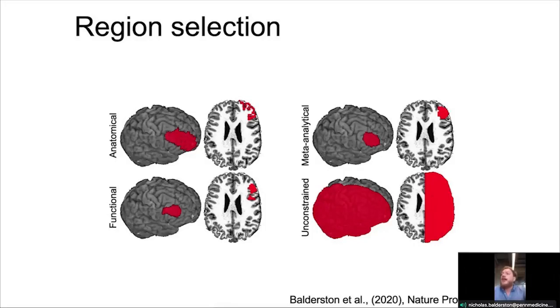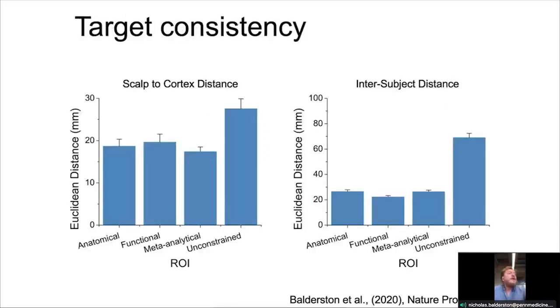What you can see is that any one of these a priori definitions of the DLPFC is going to increase the reliability of your single subject targets across subjects. If you look at the distance between the targets, they're much closer together when you use a region of interest to narrow your results.